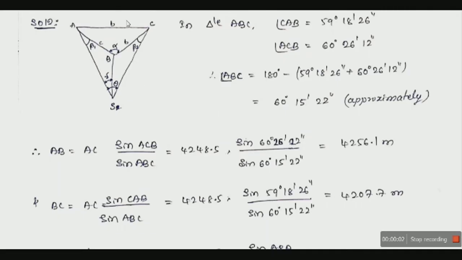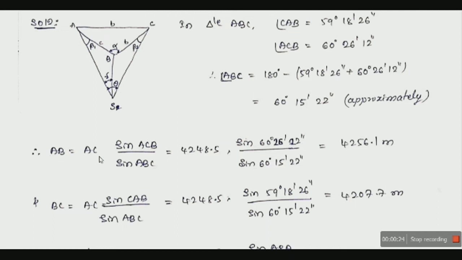The same diagram I have drawn here. So first calculate the angle ABC by applying triangulation. We get angle ABC equal to 60 degrees 15 minutes 22 seconds approximately. Now we have to calculate the lengths of AB and BC applying the sine rule for this triangle.